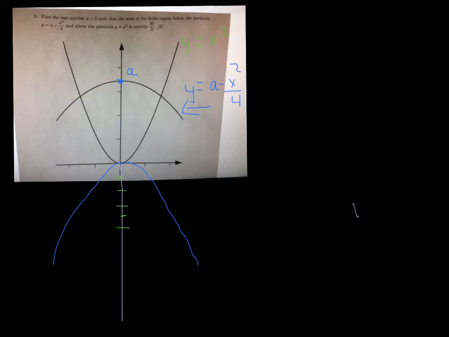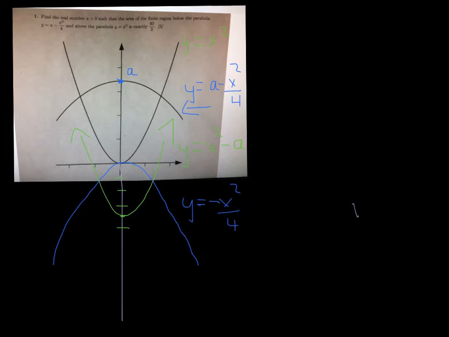So it's going to start about here and it's going to go up like it did before, okay? If you do that, the equation of the green one is going to become y equals x squared minus a, and the equation of the blue one is going to become y equals negative x squared over 4.